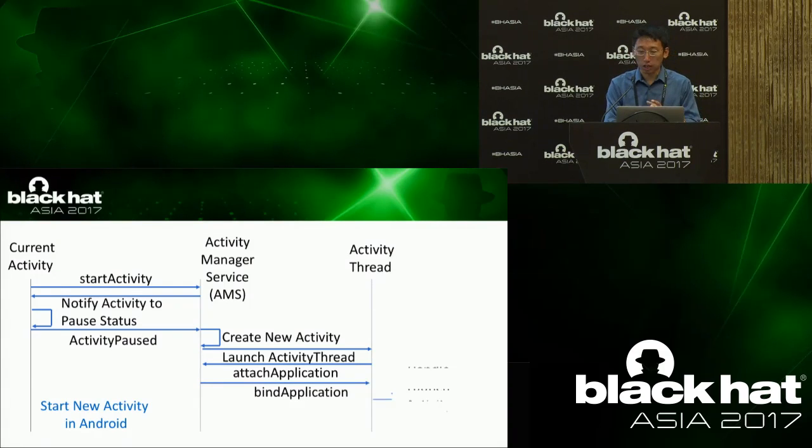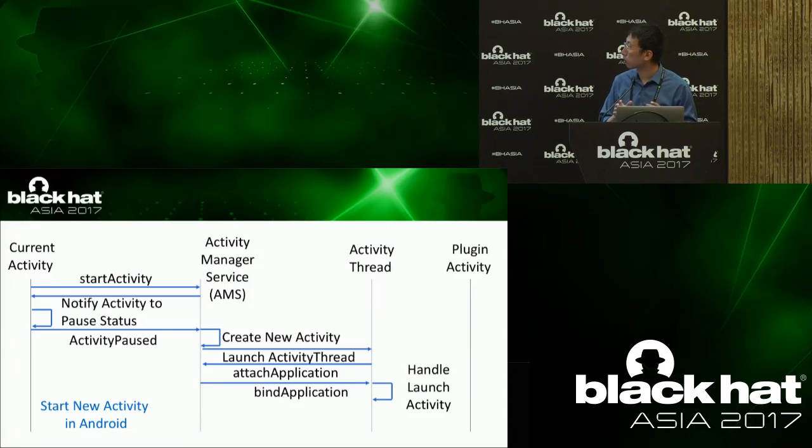After those steps, the AMS will return the control back to the new activity, which is the targeted activity, and then it will invoke a callback function to actually load the plugin's activity class and execute it.